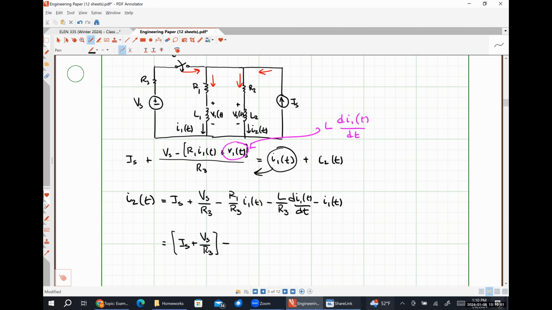So I'm going to have 1 plus R1 over R3 times I1, minus L over R3 times the derivative of I1.